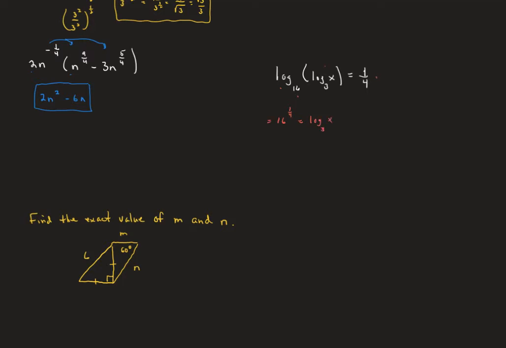Now 16 is 2 to the 4th, raised to the 1/4 is going to be just 2. So we now have 2 is equal to the log base 3 of x. We'll do the same thing. 3 to the second is x. And so that means that x is going to be 9. Okay, I'm going to slide this up again.